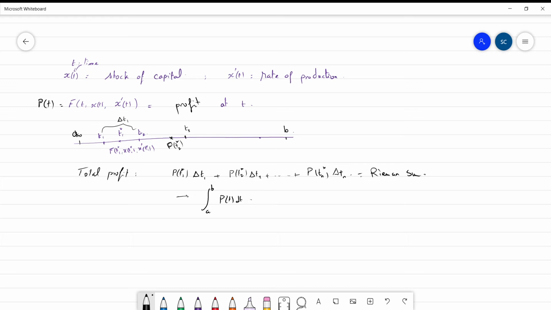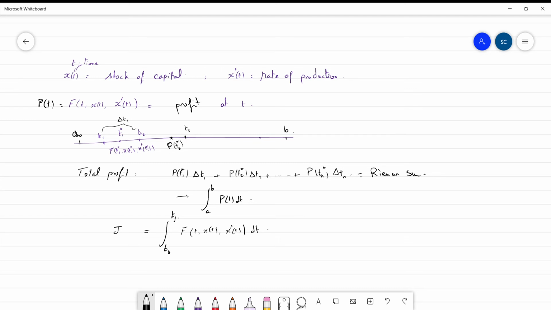So the total profit here, let's call it G, is the integral from the initial instant t0 until the final instant tf of the function F(t, x(t), x'(t)) dt.